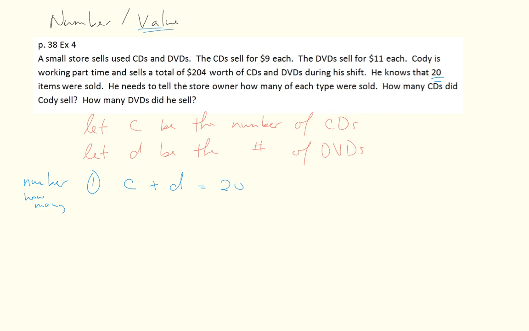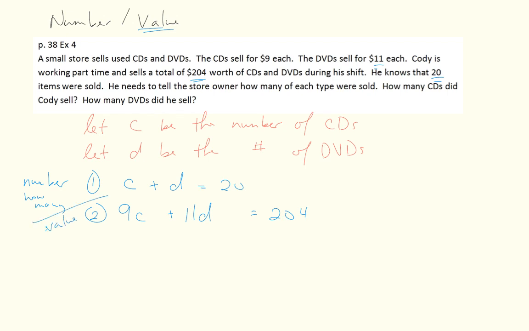The value equation: we know that the total value equals $204. It's $9 per CD, so 9 times the number of CDs plus 11 times the number of DVDs gives me 204. Okay, so now I have two equations, a number equation and a value equation.